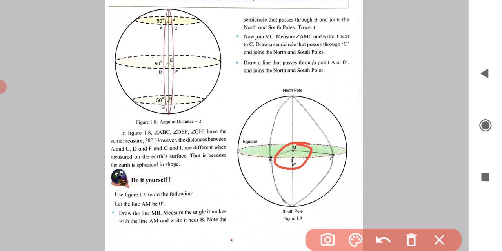Measure the angle it makes with the line AM and write it near B. Here what we have to do? Draw the line MB. It was not there, this I have done it already. Measure the angle it makes with the line AM and write it near B.